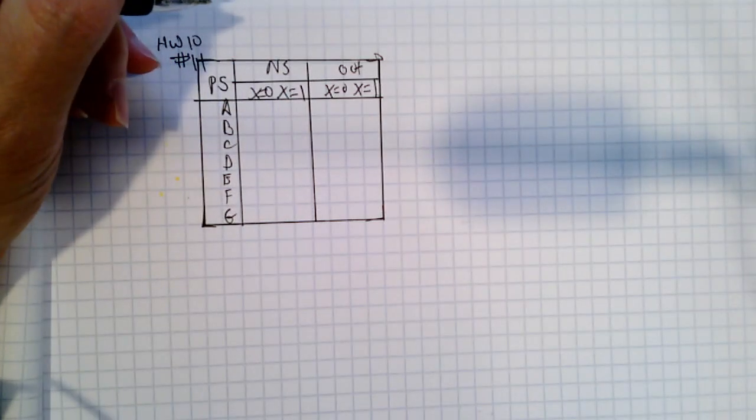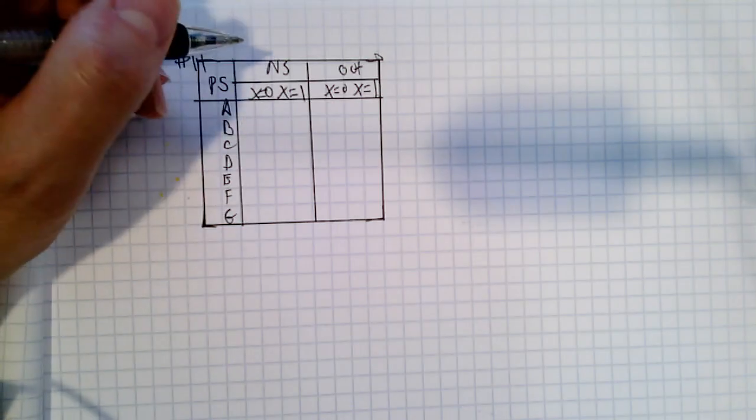Now let's see. I want to make sure I got the present states and the next states correct.